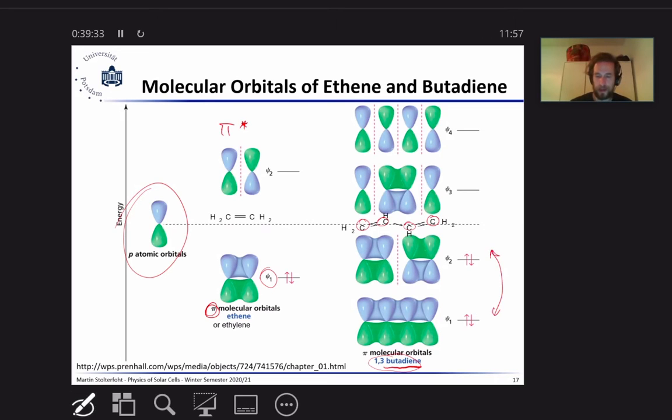They are symmetric, and these are asymmetric in a way, and they have higher energies. So this one is the most symmetric, and then this one is the most asymmetric, or the most destructive overlap. All right. And therefore, it has the highest energy. And then again, those two would be occupied, and those on top here, all unoccupied.